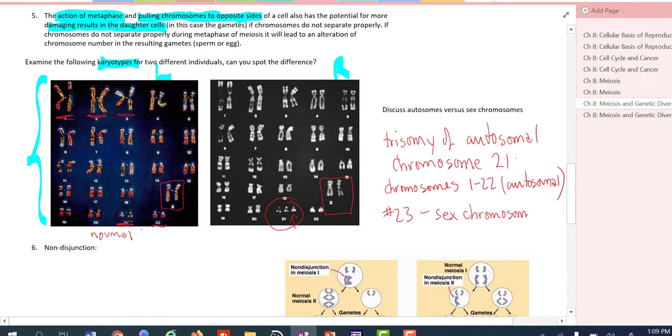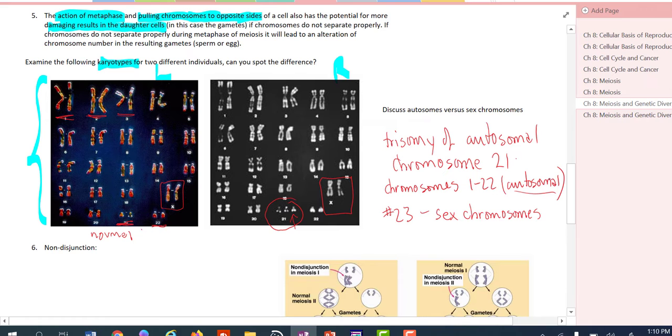And that's because although they contain other genes, like our autosomal chromosomes carry many genes for a variety of traits throughout our body, of course, chromosome 23, our sex chromosomes, also contain genes that dictate other traits besides our gender and the physical characteristics that make us male and female, right?